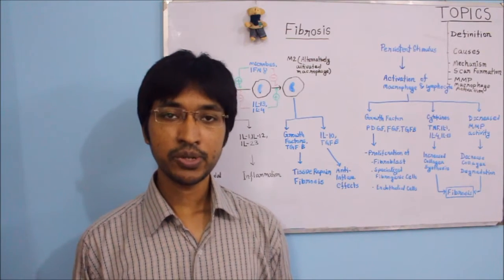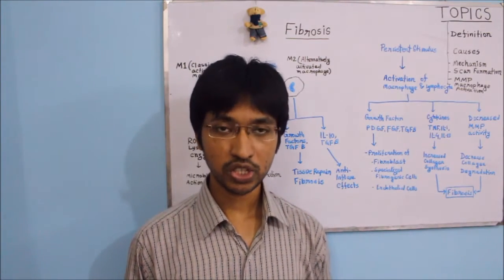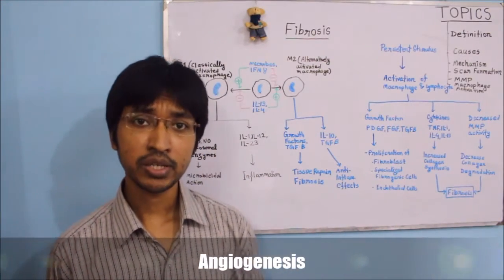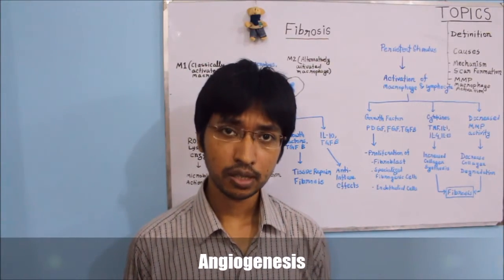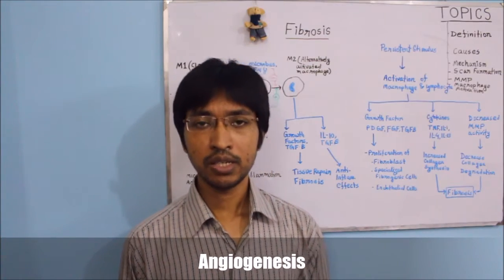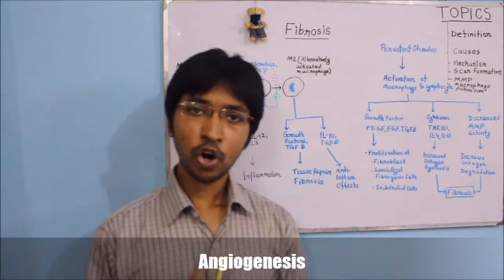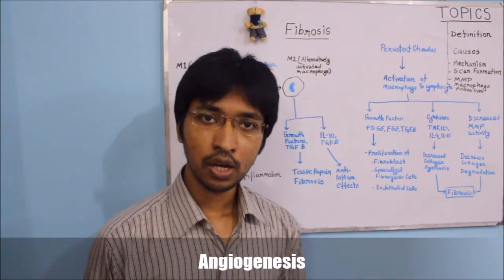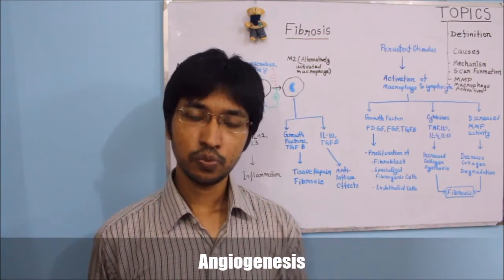Well, I have a separate video entirely on angiogenesis, but to say in short, angiogenesis means formation of new blood vessel. Now, you may be asking me, Dr. Rabiul, why are we forming new blood vessel when we are trying to fix a tissue with the help of connective tissue?